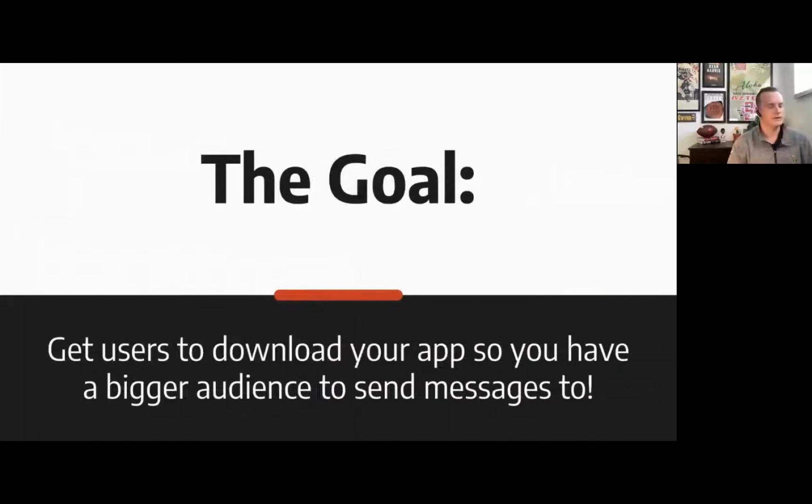So without further ado, I want to remind you the goal of having a mobile app is to get users to download it so that you can then have a bigger audience to send messages to, so that you can either enhance their experience and or let them know about opportunities to come and spend some more money at your facility.